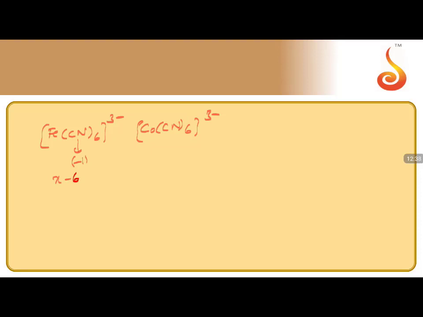So x minus 6 is equal to -3, x is equal to +3 oxidation state. So iron is in +3 here. Same way here cobalt will also be in +3 oxidation state.